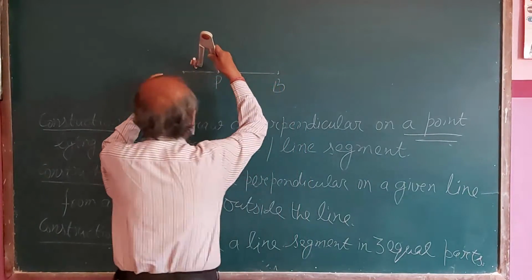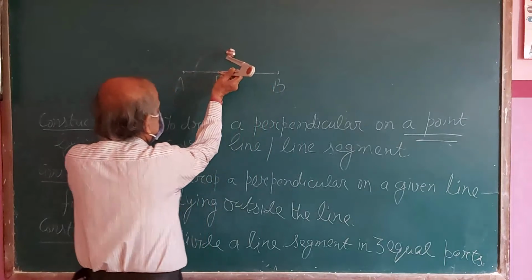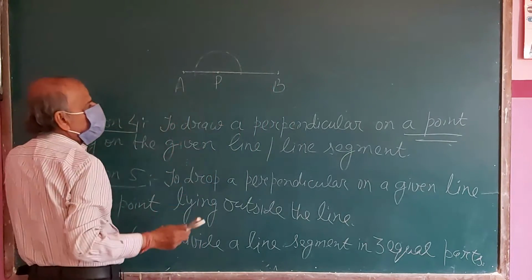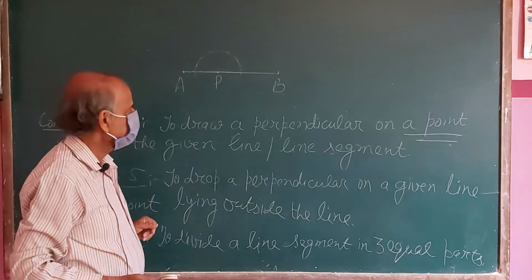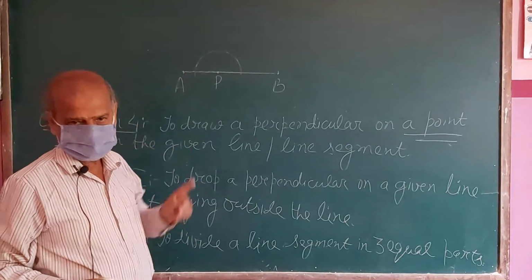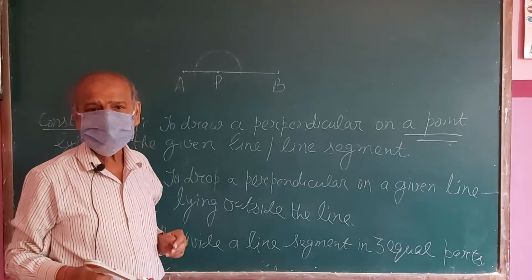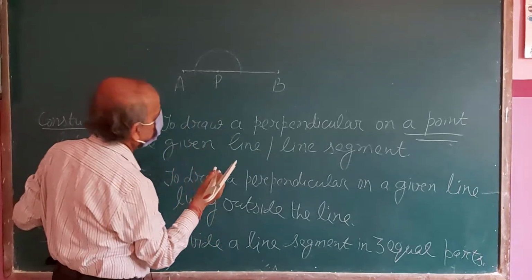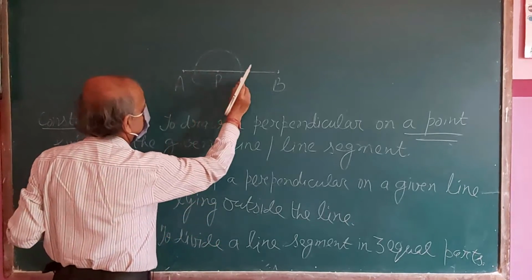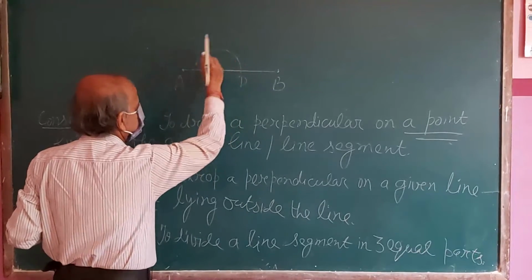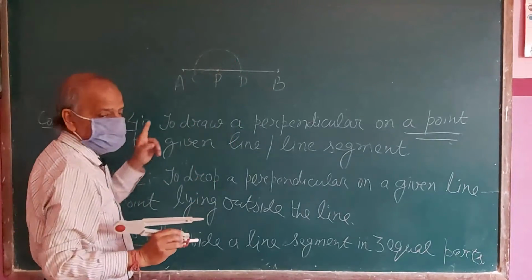Draw a full arc. This is your 180 degrees, because a line makes an angle of 180 degrees, and you can write it is cutting at the points C and D.